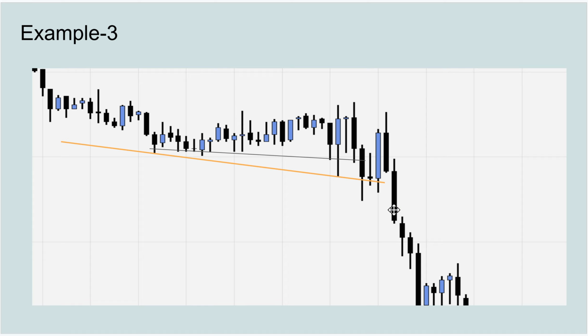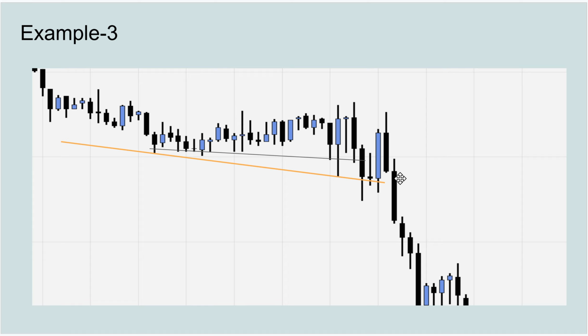So just remember a few things. The bar should close below the range, and should have a good bull or bear body, in this case bear.